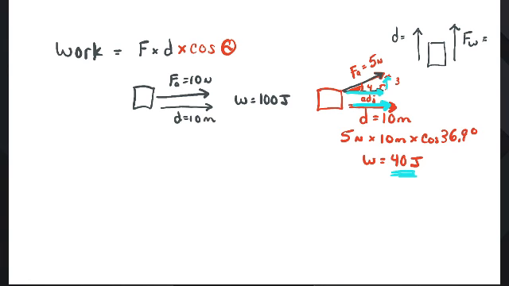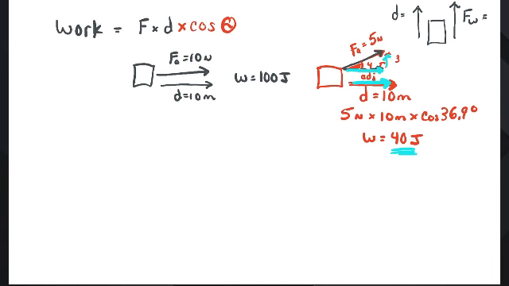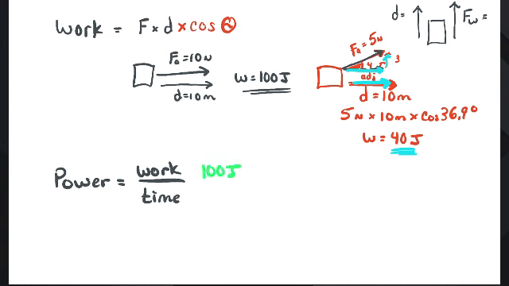The other term that we talked about yesterday was power. Power is the rate at which work is done. So if power is the rate at which work is done, we're going to have work divided by time. Now with our two scenarios from above, let's say that we take our 100 joules worth of work and say that it's going to take 10 seconds, just to make the math easy.